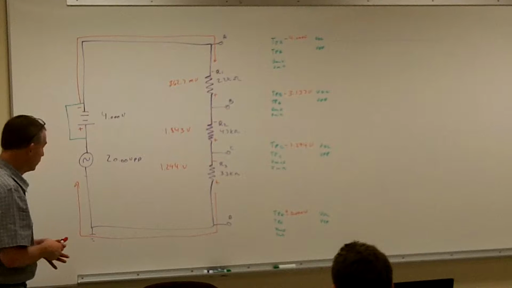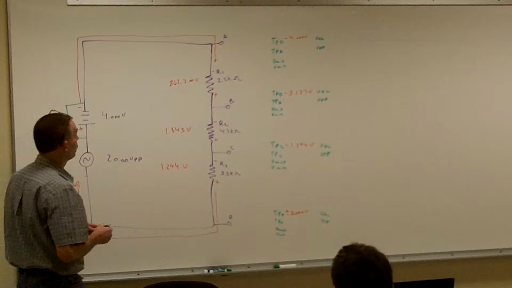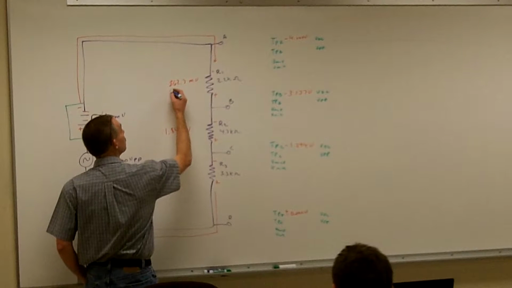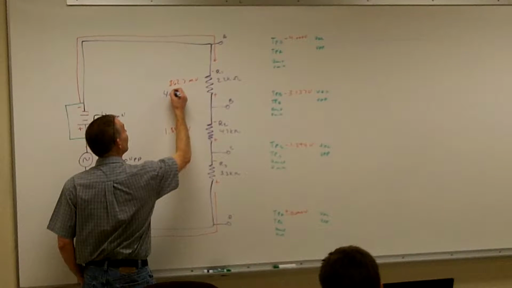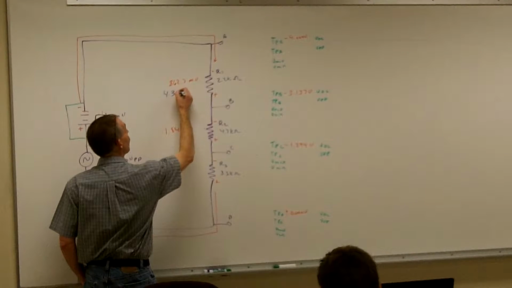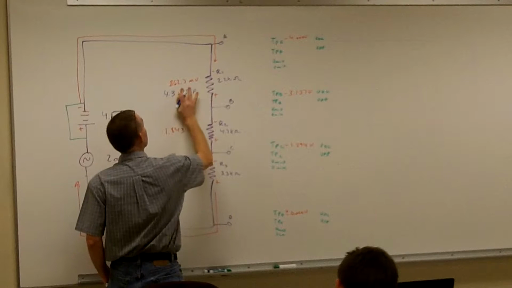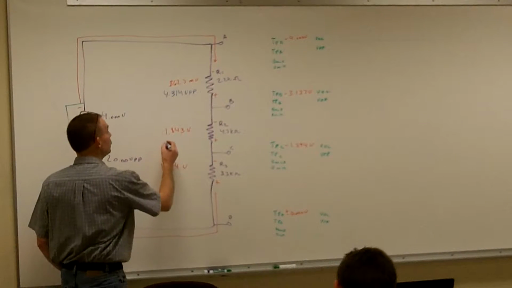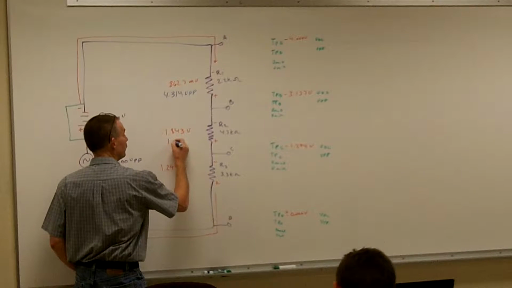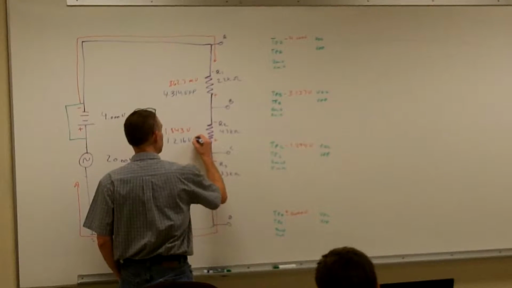All right, so what do we get for our voltage drop across R1? 4.314 volts peak to peak. All right, and then R2? 9.216 volts peak to peak.